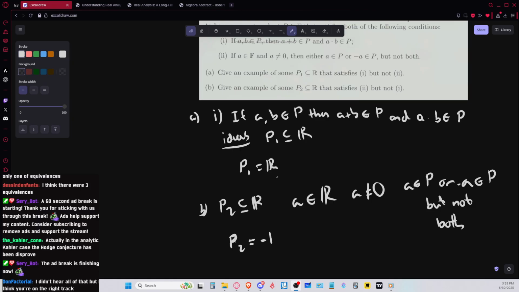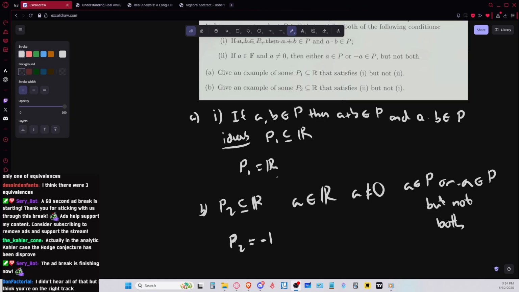Oh no, I was just saying the way I break it down is that if P2 is equal to -1, and A is equal to -1, then it fulfills the requirement of A being in the field, and A is non-zero, and positive A is not in P2 in this case, but negative A is in P2.